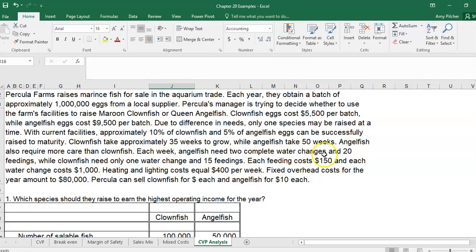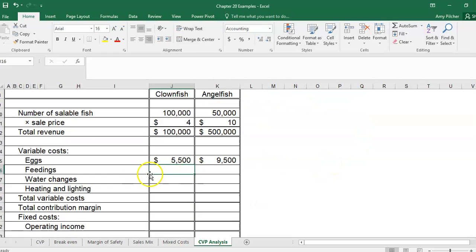Each week angelfish need 2 water changes and 20 feedings, and clownfish need 1 water change and 15 feedings. So we have 35 weeks for clownfish, 15 feedings per week, and $150 for our feedings.